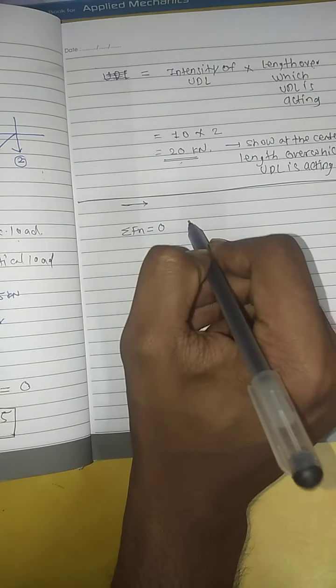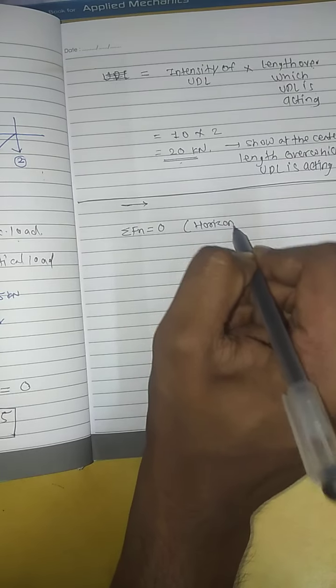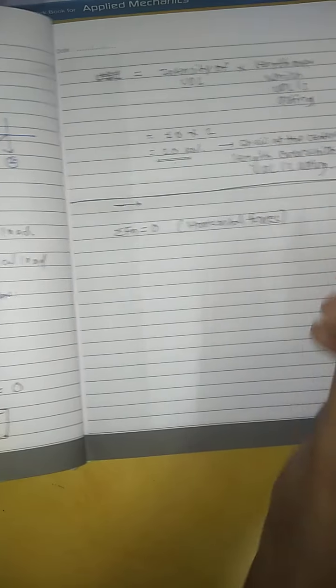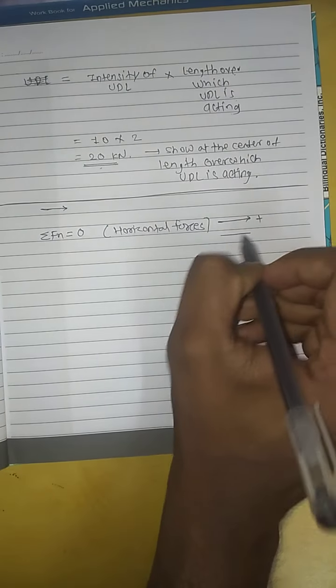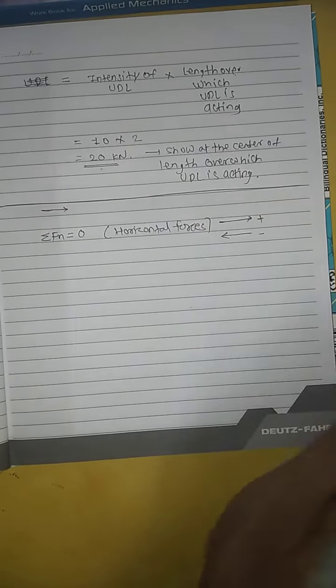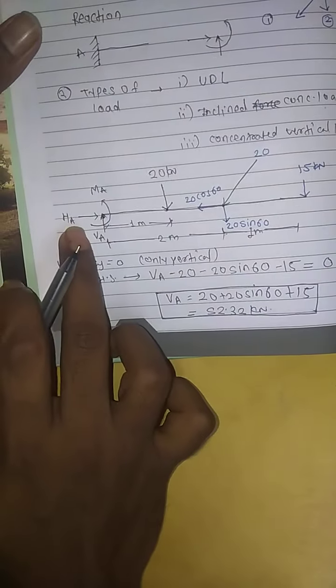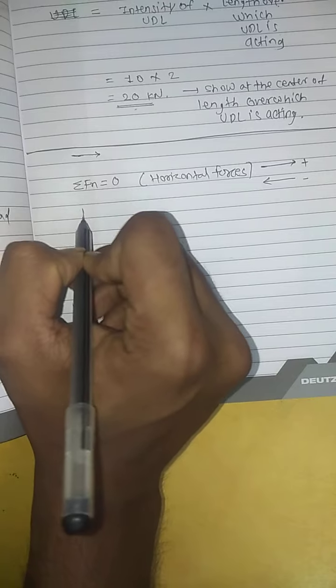In summation Fx, we have to consider all the horizontal forces or loads. If it is in the right side direction, consider positive. If it is left side, consider negative. Now start from the left hand side. Here the horizontal force is Ha, which is in the right direction. So we will write here Ha.